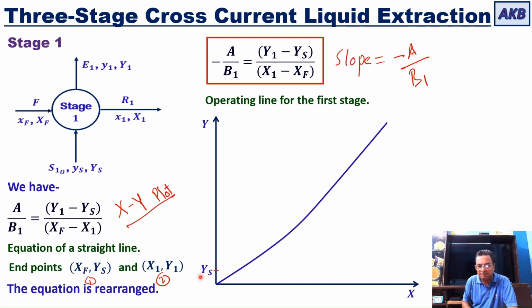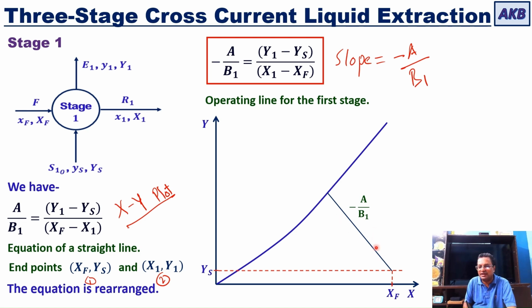So for that, I will have to locate Ys and locate XF. And the point whose coordinates are XF, Ys, that will be the starting point for my operating line. And then I'll have to draw the operating line from this point with a slope of minus A upon B1.